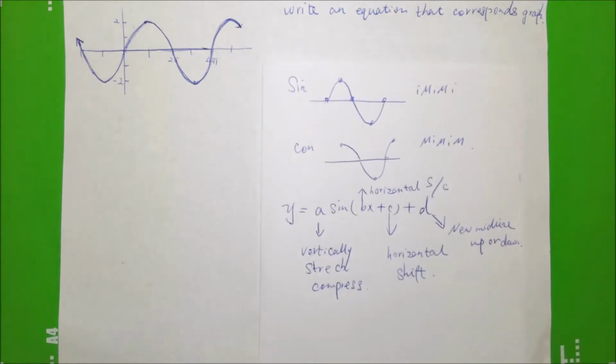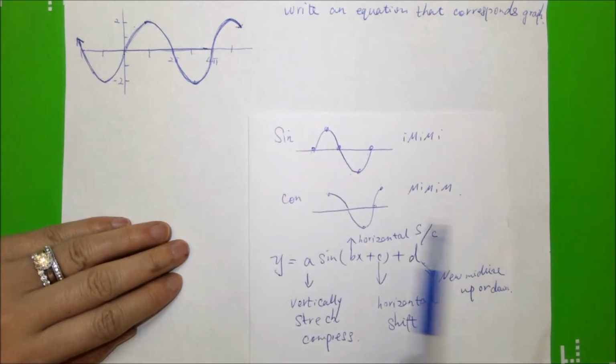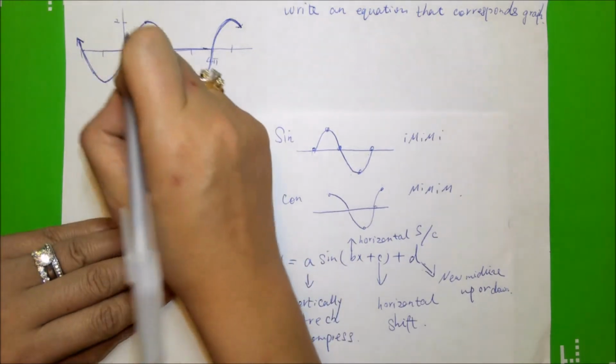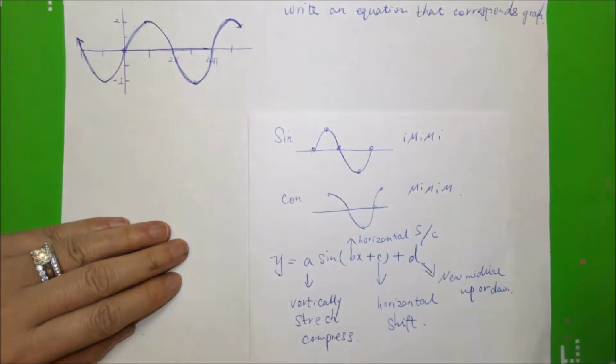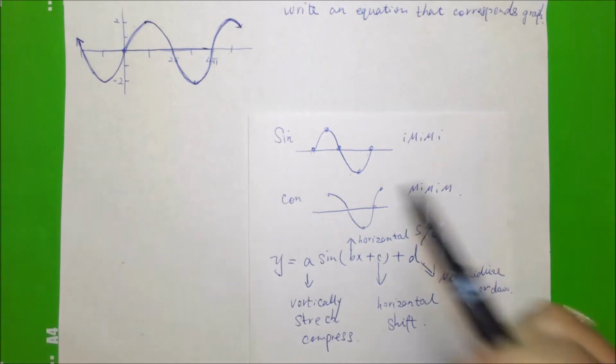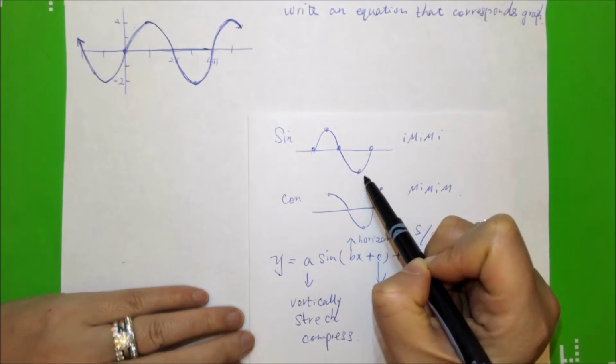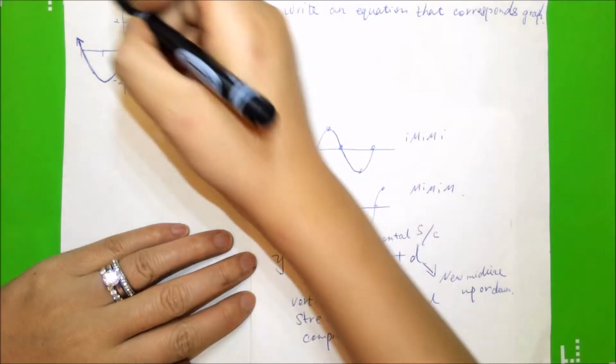Let's see our graph. If I'm going to write the equation for sine function, I would like to use this point as a start point, because the sine function starts from intersection, max, intersection, minimum, intersection.